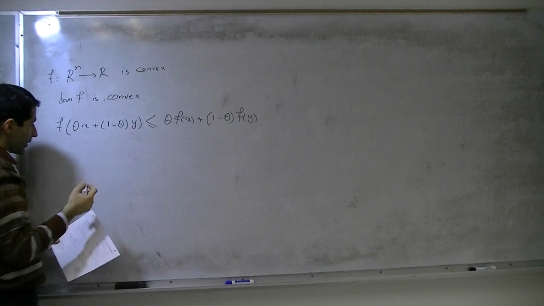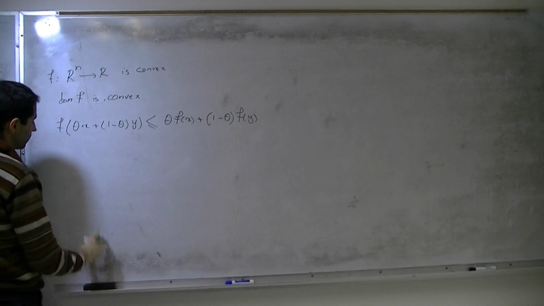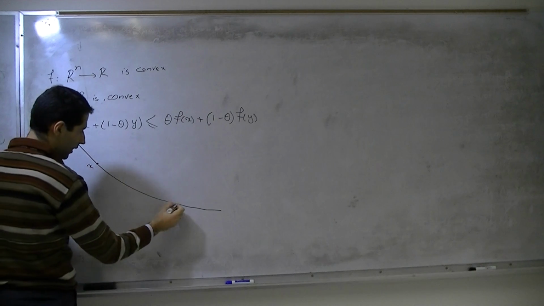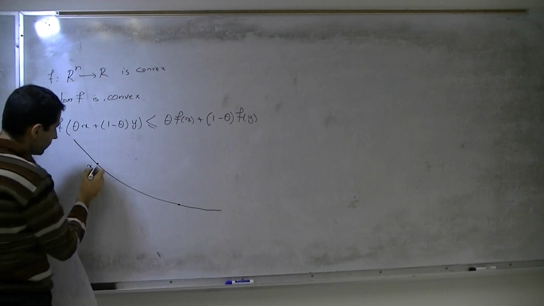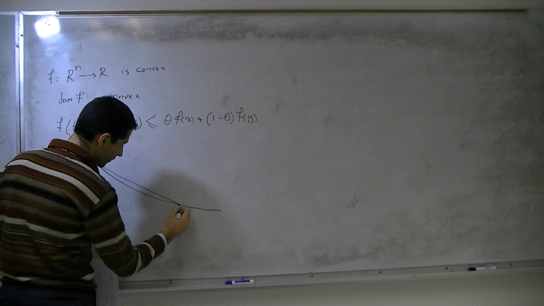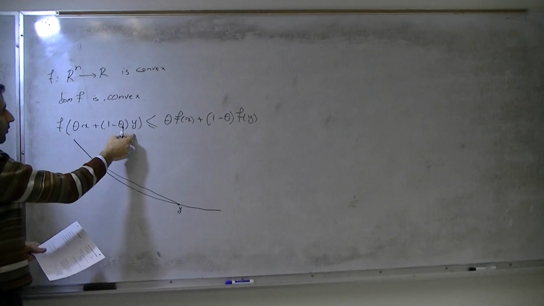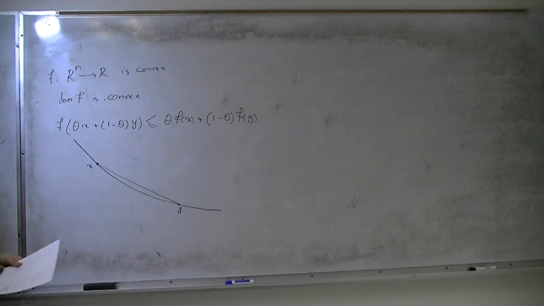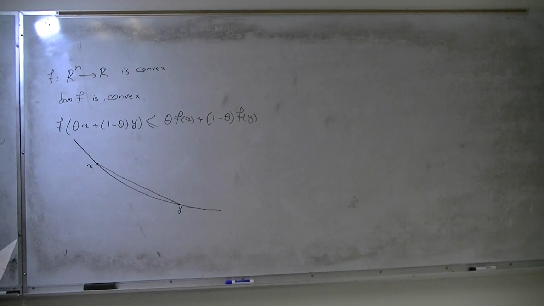This means if we have some function like this, and this one is x and this one is y, for any point between x and y, the value of the straight line, theta f(x) plus 1 minus theta f(y), is bigger than the value of the original curve of the function.